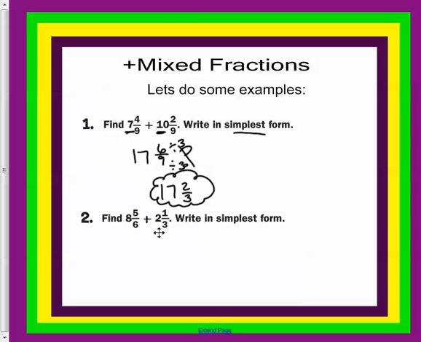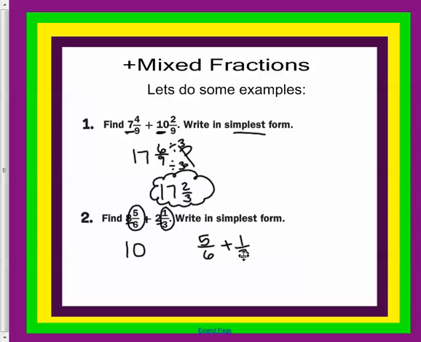Okay, notice down here that these do not have the same denominator, the 6 and the 3. Okay, I still follow the first step. 8 and the 2 get added together and I get 10. But right now I'm working with the two fractions, 5/6 and 1/3, and I want to add them together. Okay, I can't add sixths with thirds because that's just not fair.